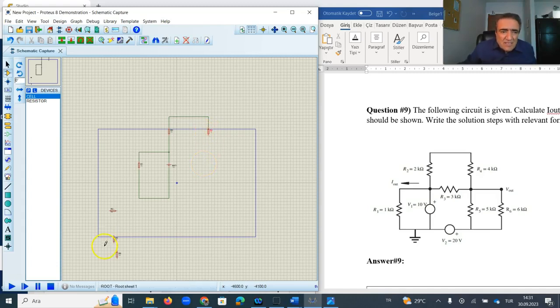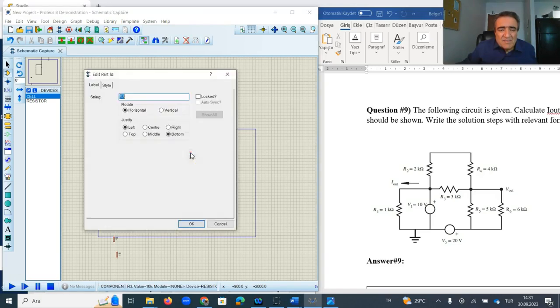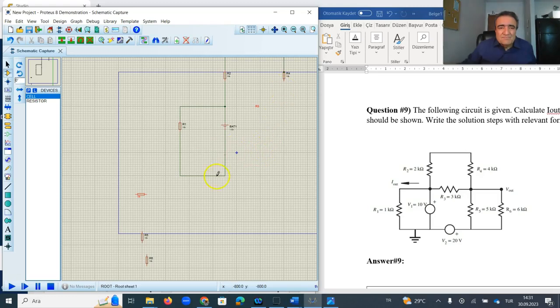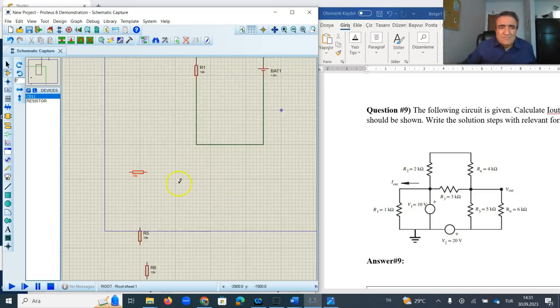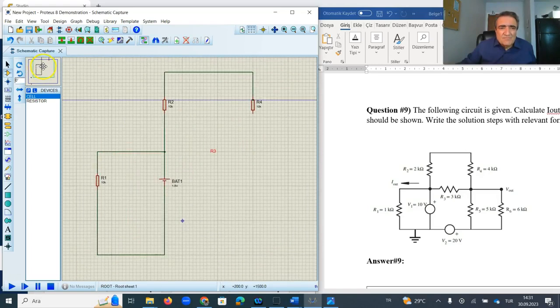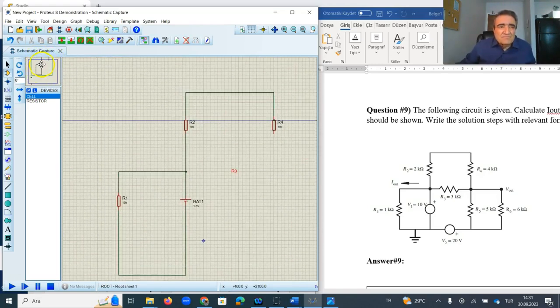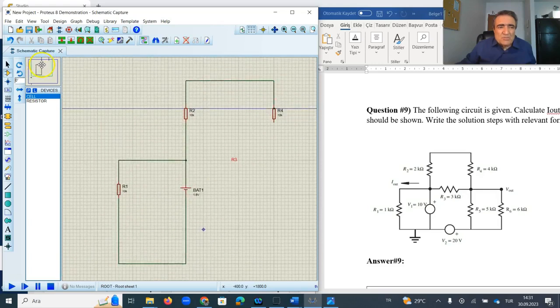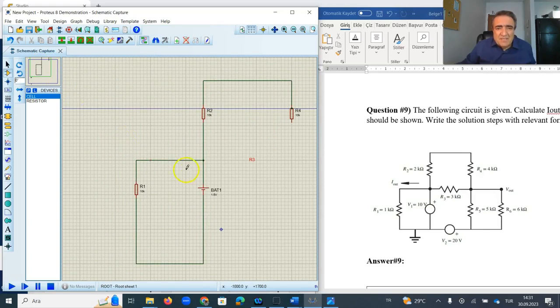And then R3 should be here. You can change the position of the window using this corner here, and now it should be connected here.